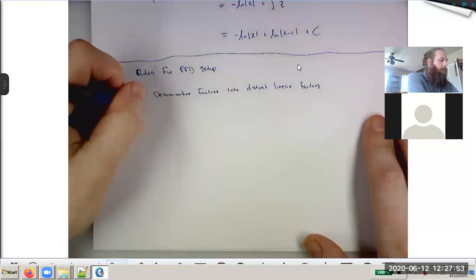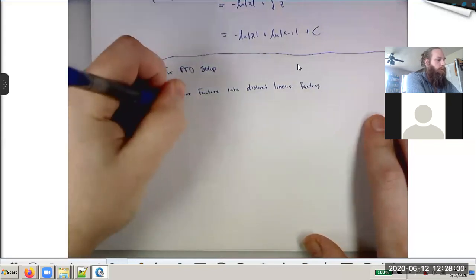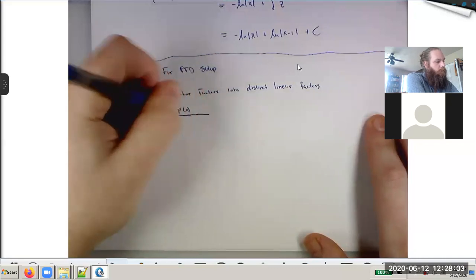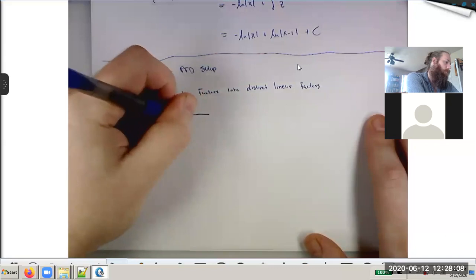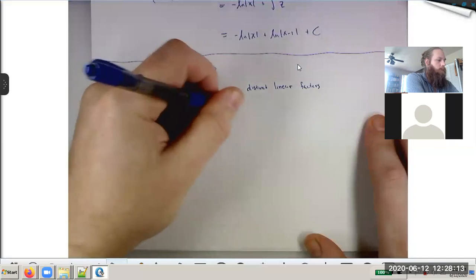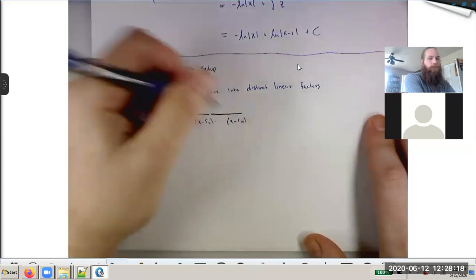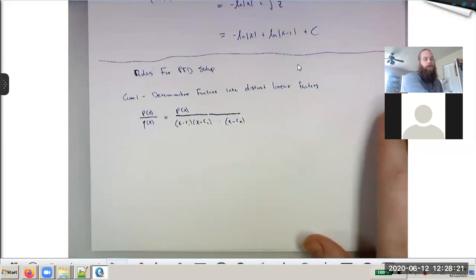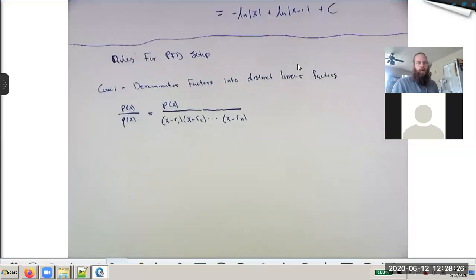That means you've got something like your numerator over your denominator looking like p of x over x minus r1, x minus r2, up to x minus rn. So none of the factors downstairs have a power bigger than 1. They're all multiplicity 1 factors, meaning r1, r2 through rn are all distinct.